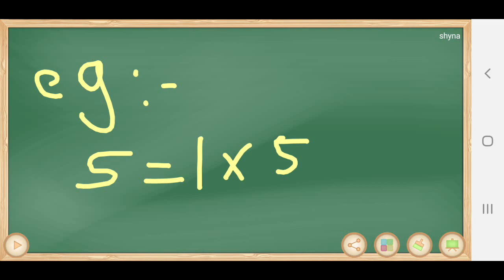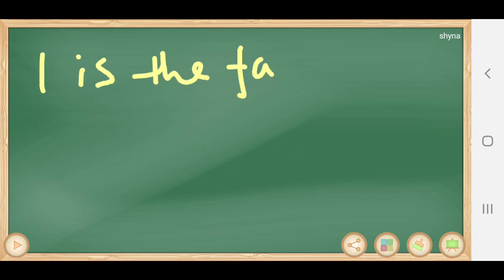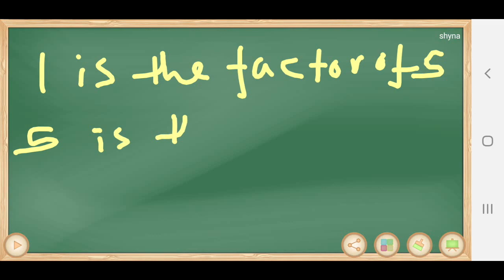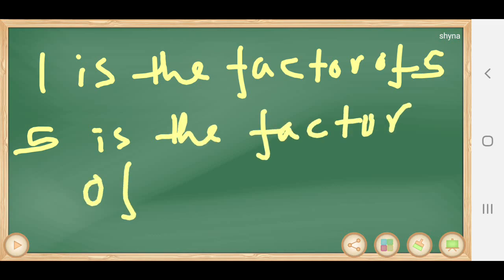Below that you write, 1 is a factor of 5. 5 is a factor of 5.